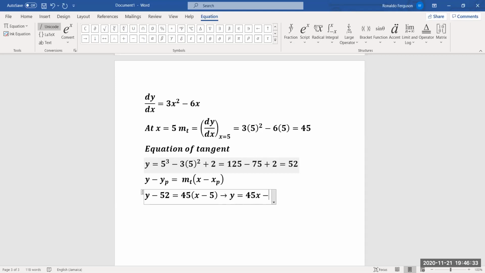So that's 225, and then we're getting minus 225 plus 52. What's minus 225 plus 52? That looks like minus 173. So that's why y is 45x minus 173. Good. Now what's the equation of the normal?